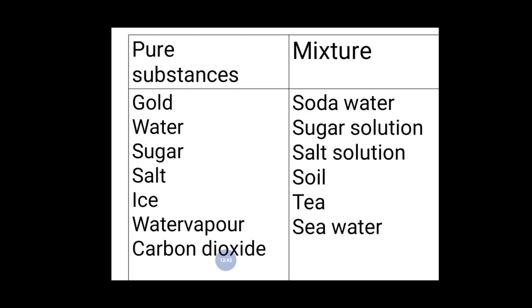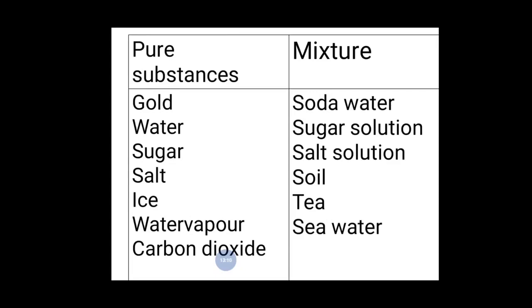And what about mixtures? Salt solution consists of two different particles. Okay, they are not of identical character, right? One is salt and the other is water. Sugar solution, one is sugar and the other is water. Soda water is a mixture of water and carbon dioxide. Soil is a mixture of different particles, right?